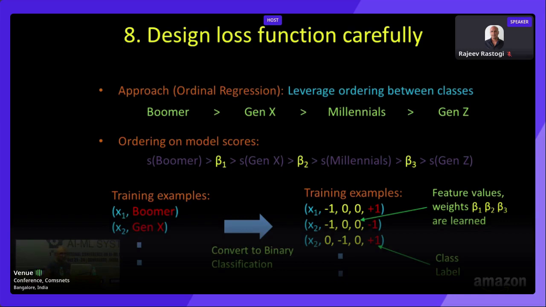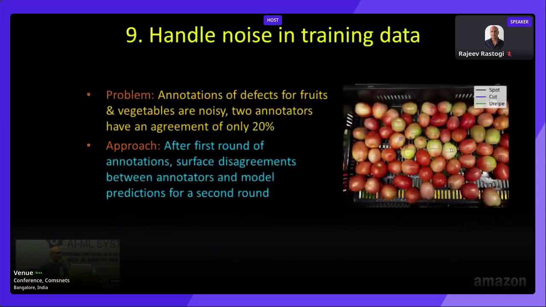And the weights for these new feature values that we have here are the threshold values beta 1, beta 2, beta 3. And these weights can be learned along with the weights for the other features X. Okay, so again, the idea here is, you want to try and take into account structure that you may have over class labels, either purchases, clicks, impressions, or again, in this case, this is an ordinal regression problem with boomers older than Gen X and so on.